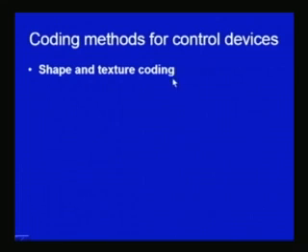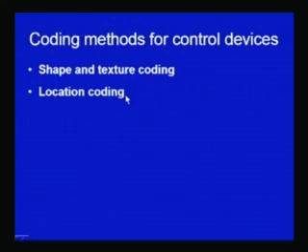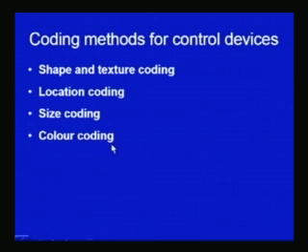Various methods have been developed over a period of time for coding the control devices. Different types of coding methods are there: shape and texture coding, locational coding, size coding, color coding and label coding.